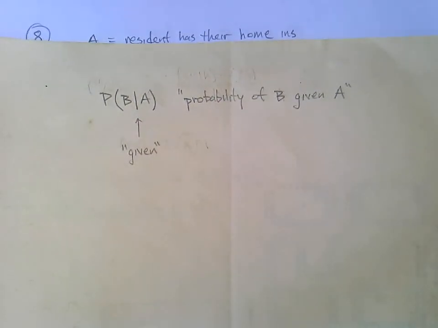The probability of B given A. So we're thinking A has already occurred. So what are the chances that now B occurs, given that A has already occurred?